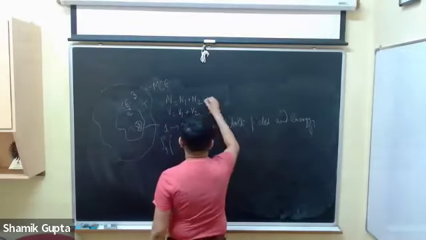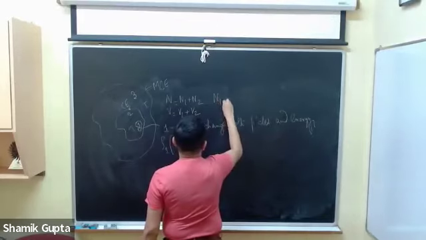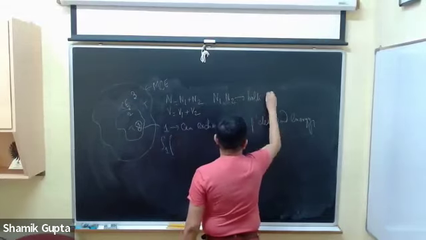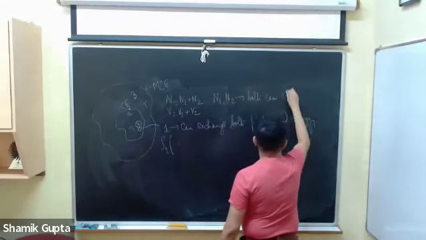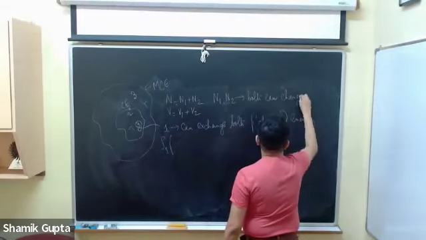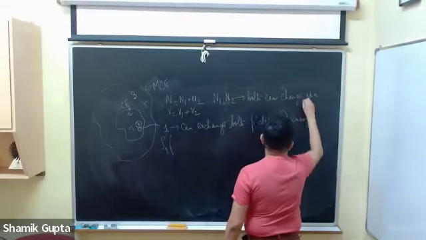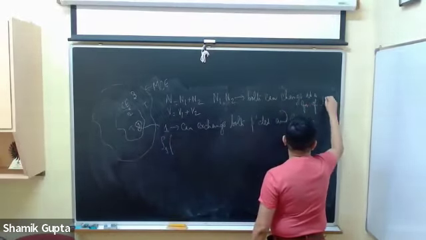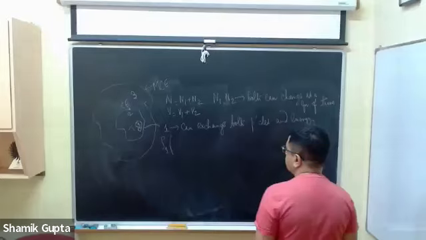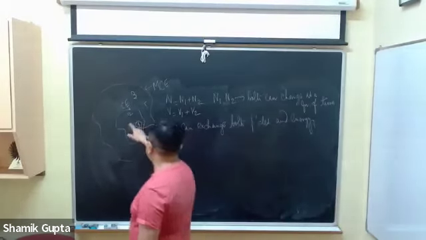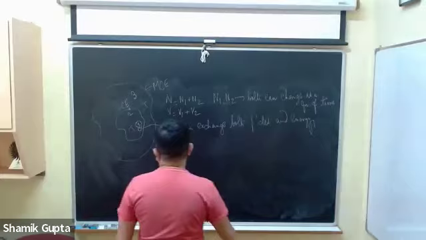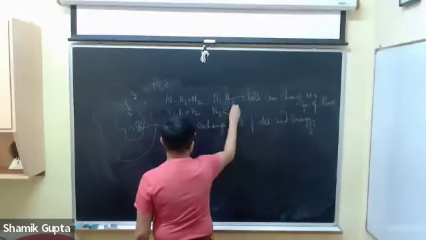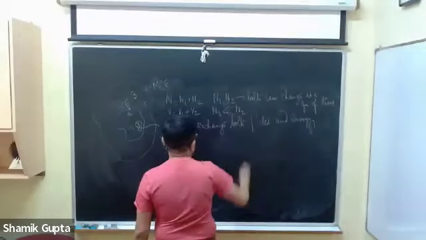So in 1 and in 2, both can fluctuate, because 1 and 2 can exchange particle number between them. And 1 is much smaller than 2. So therefore I have the condition that N1 is much smaller than N2.